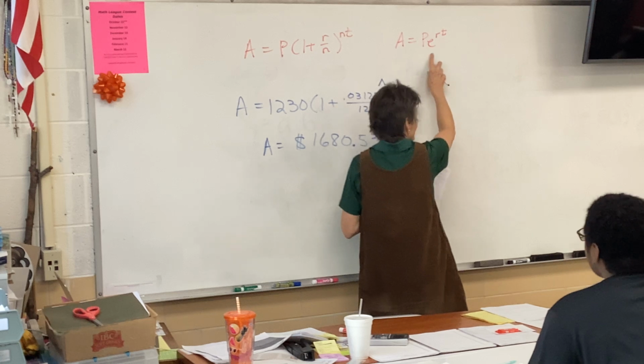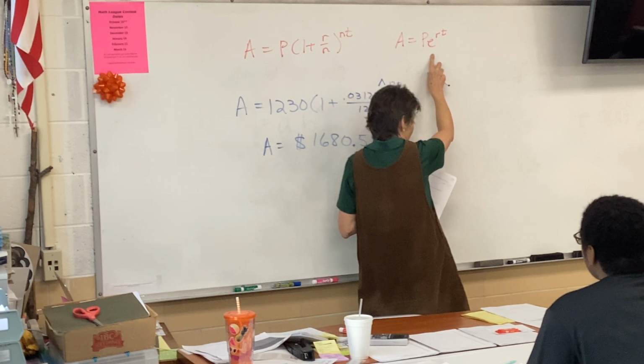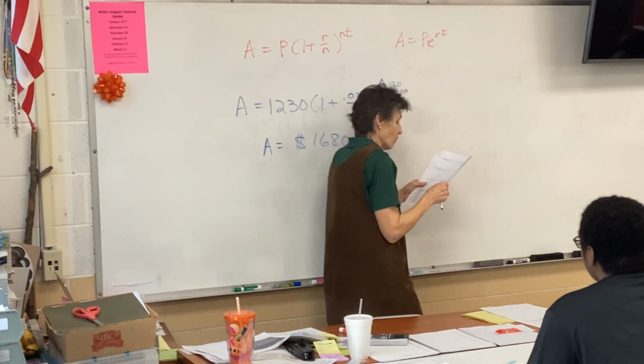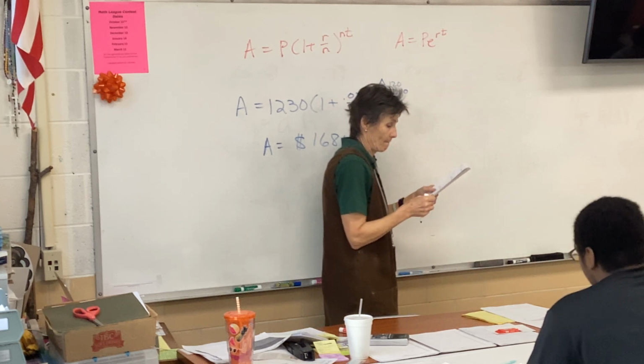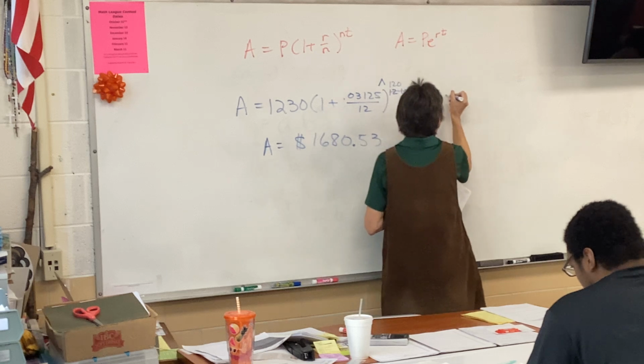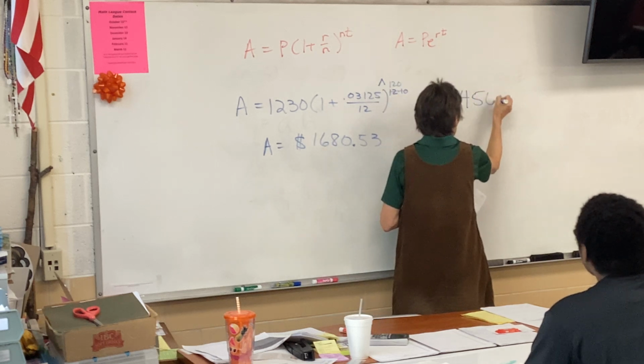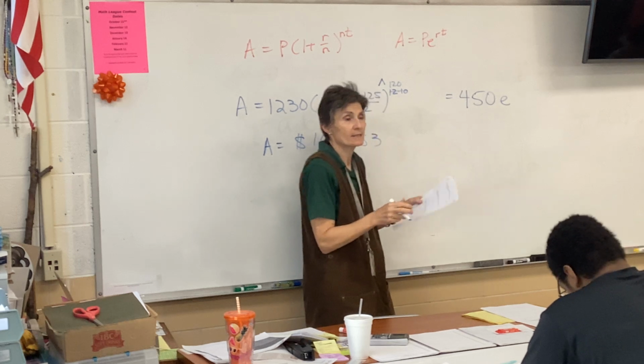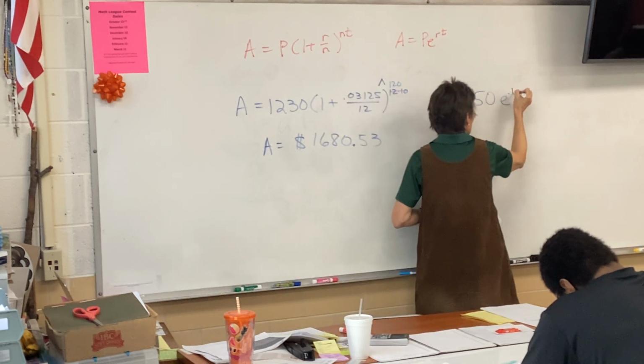Remember what all these things mean, and if you forgot, look back at yesterday's notes. Where does the 450 go? With a P. The growth constant is 0.123.